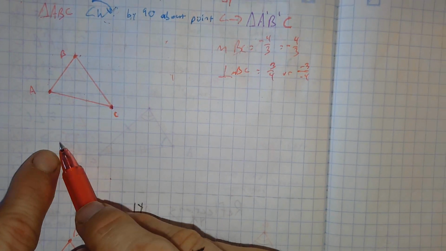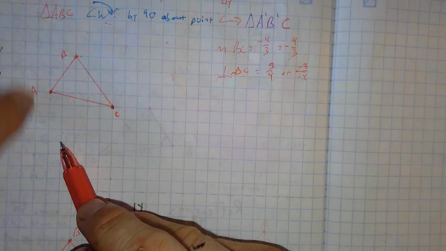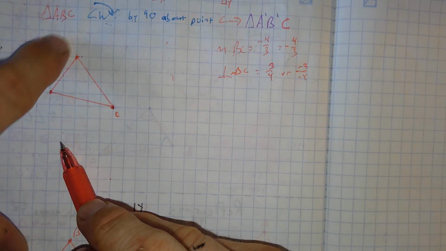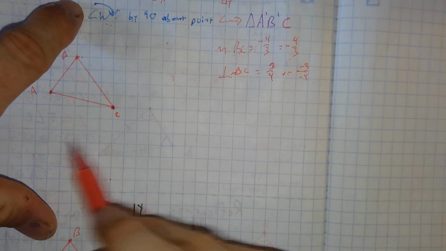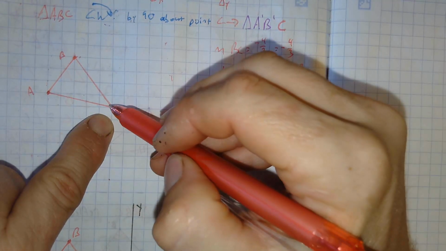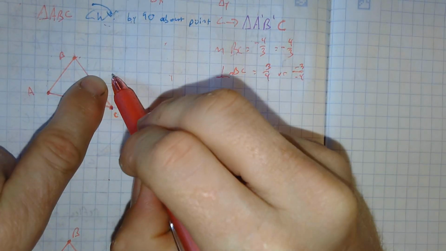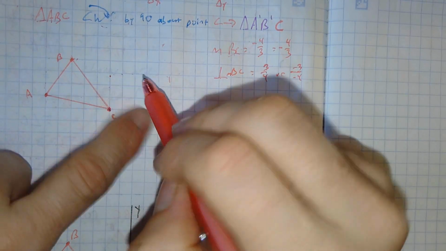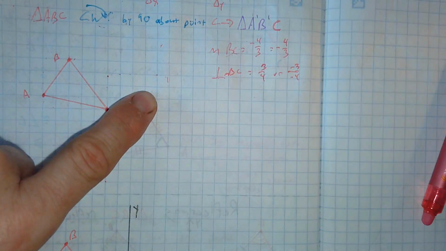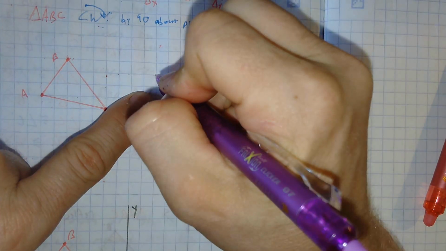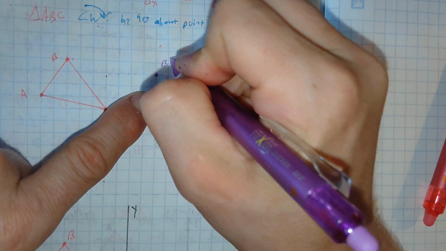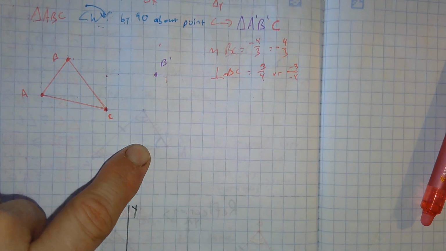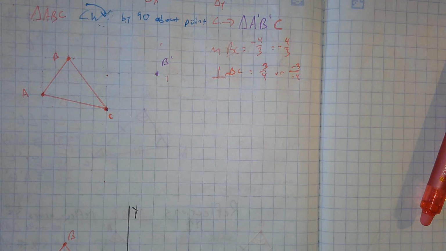If I did that one, it would make me a counterclockwise rotation. I want a clockwise rotation, so I'm going to pick the 3/4, which is up 3 and over 4. So this is B prime.